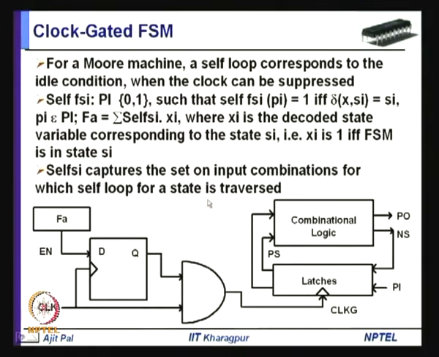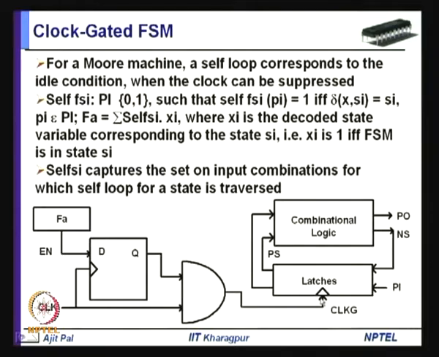Now, what can be done? You can identify those self loop conditions, and then you can disable the clock during this period. So, you can apply a gated clock instead of applying the clock directly to this finite state machine. That means both the primary input as well as the next state can be gated with the help of this, and a gated clock can be applied.